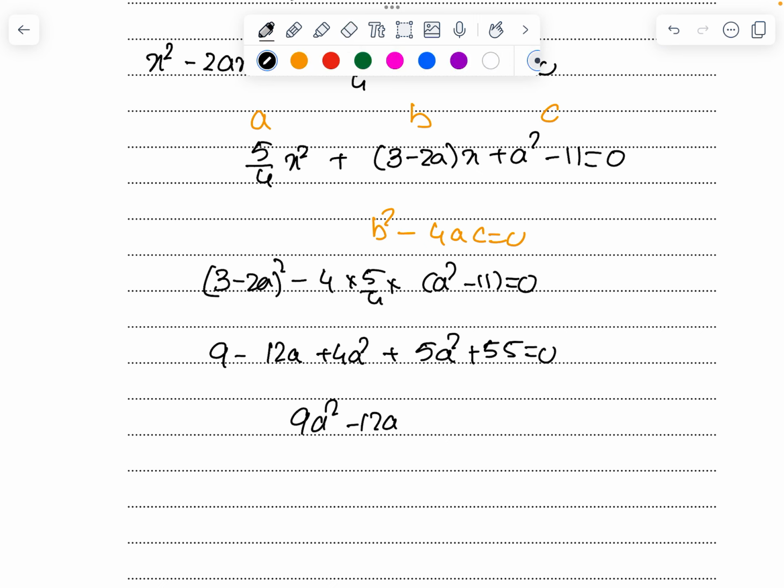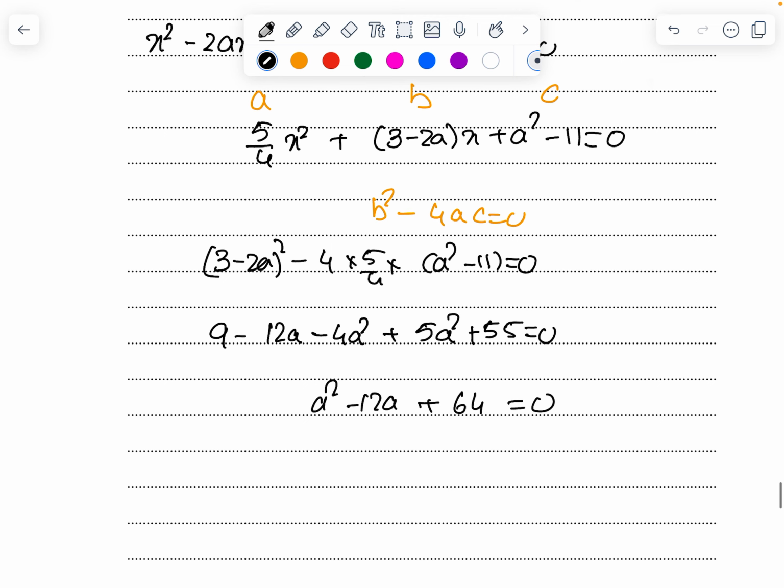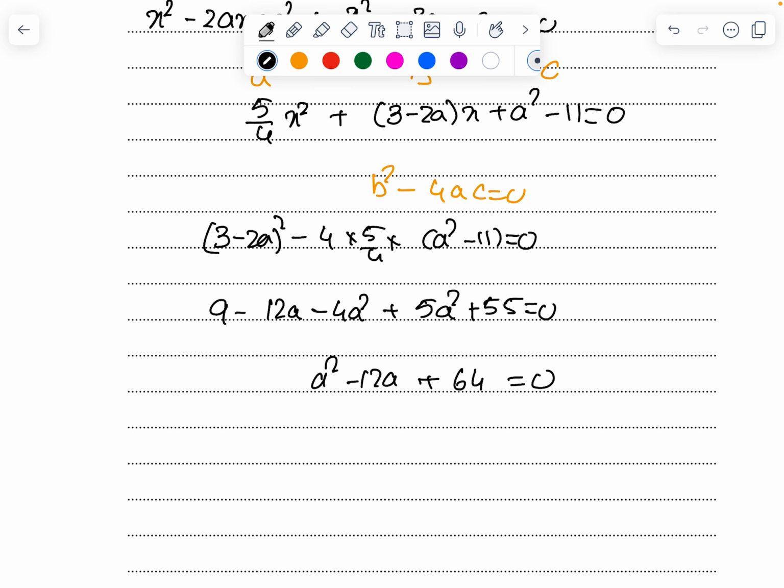So this will become plus 64. This was negative 4a square. So it becomes negative a square minus 12a plus 64 equals 0.